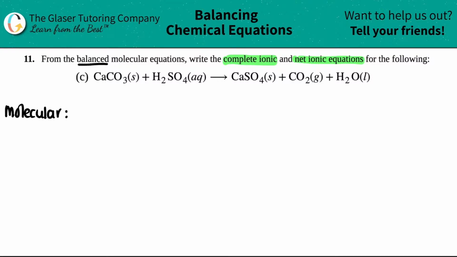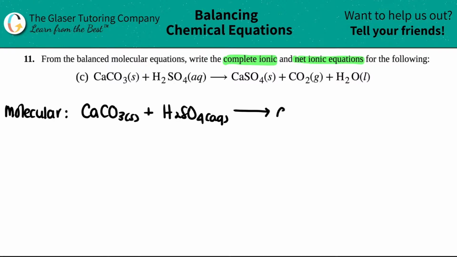Now, they said that this was balanced already. Thank goodness, so we're not going to even check it. So I'm just going to rewrite what we have over here. The next thing is from a molecular equation, we could always get a complete ionic equation.